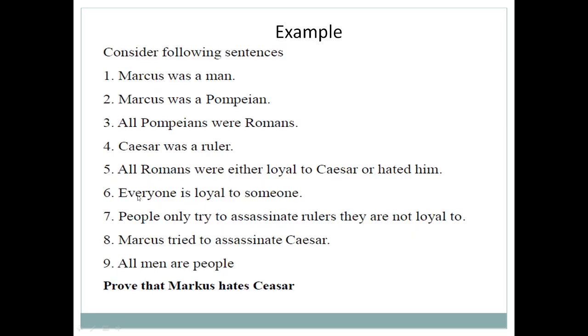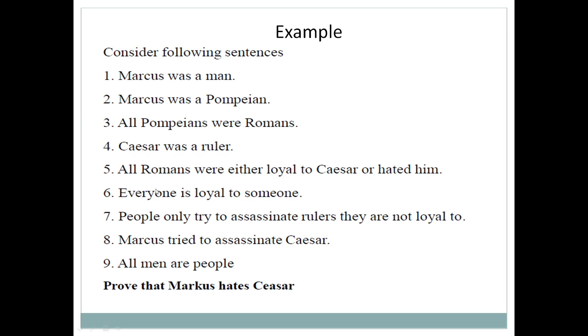Then we talk about everyone is loyal to someone. Now this is a statement in which we have all, as well as we are talking about someone. So we understand that quantifiers are available. In order to represent all, we are using for all x, and in order to represent some or few, we need to make use of the existential quantifier. So these are the two quantifiers being used.